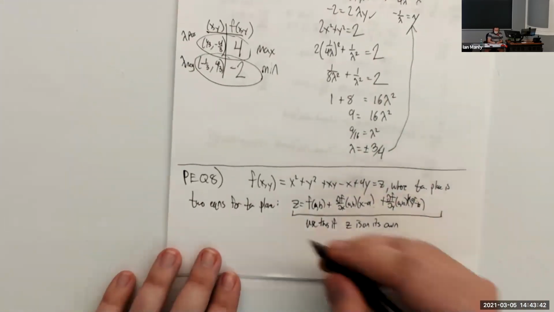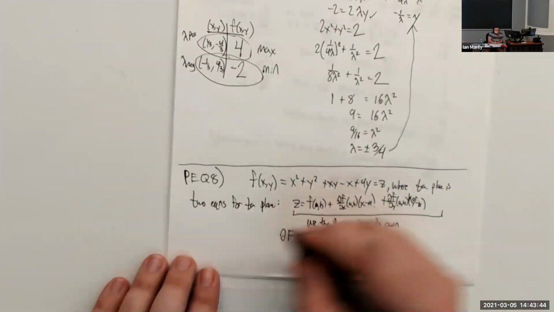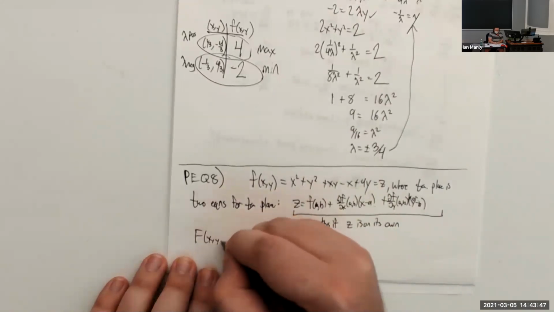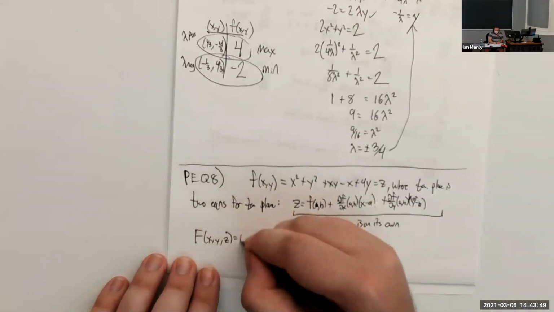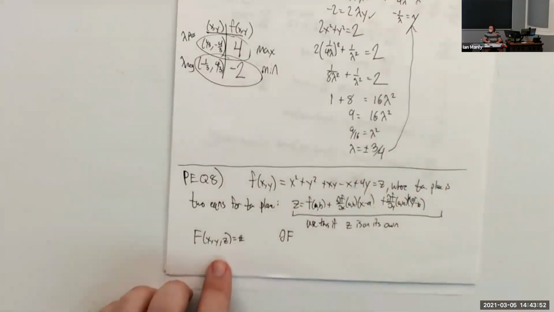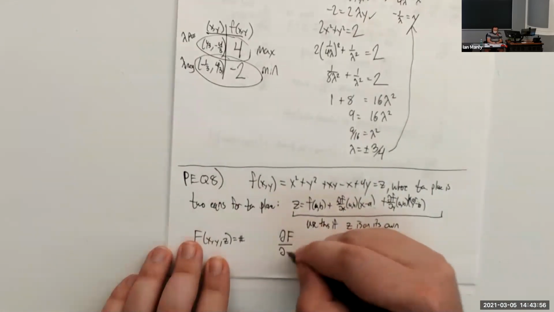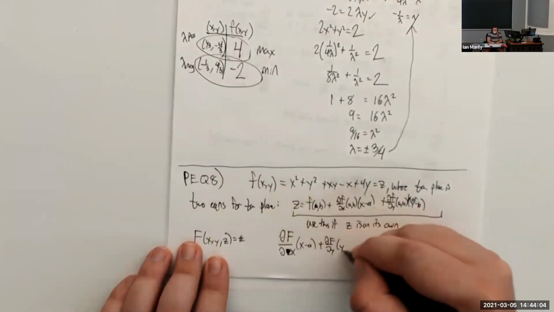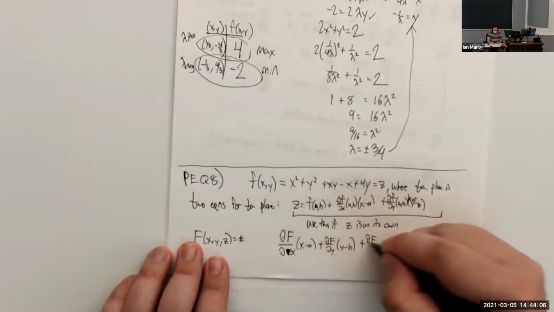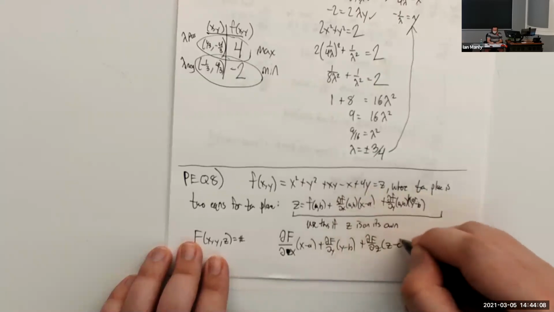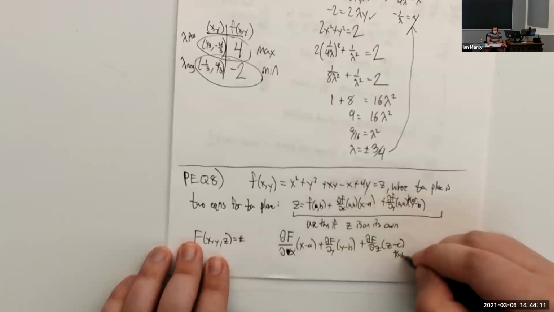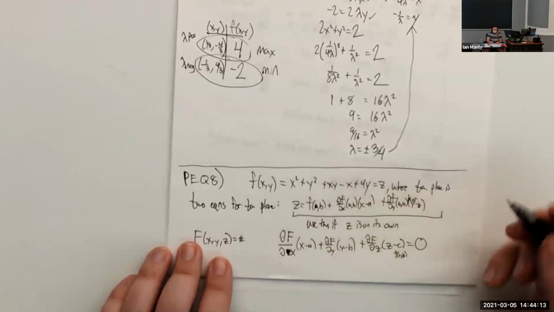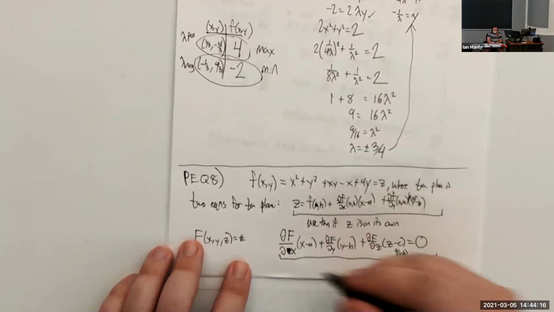But the other formula for the tangent plane is if we have f of x, y, z equaling some number, so all of the variables are on one side. That one would be partial f partial x times x minus a, plus partial f partial y times y minus b, plus partial f partial z times z minus c, equals 0.